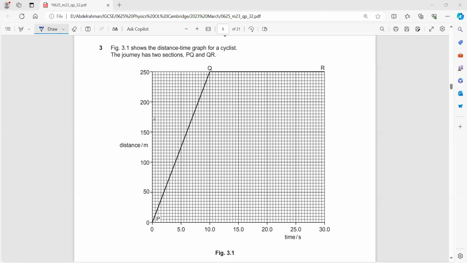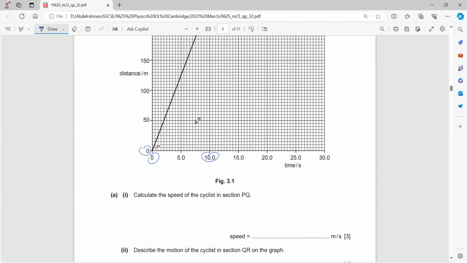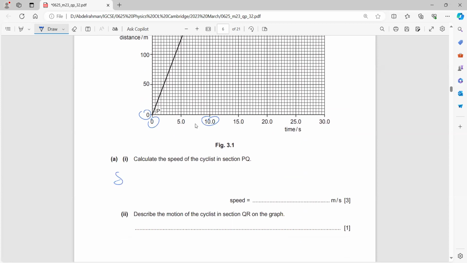But to be more accurate, it's actually 250 minus 0 over 10 minus 0, which is y2 minus y1 over x2 minus x1. So it's perfectly right. Speed equals distance over time, or speed equals the slope, which is 250 minus 0 over 10 minus 0, which gives me 25 meters per second.